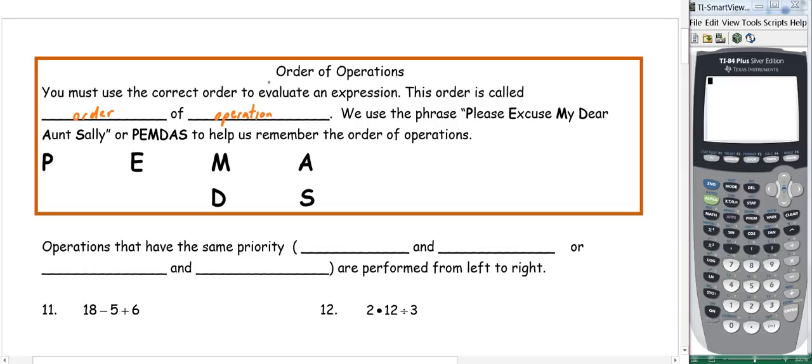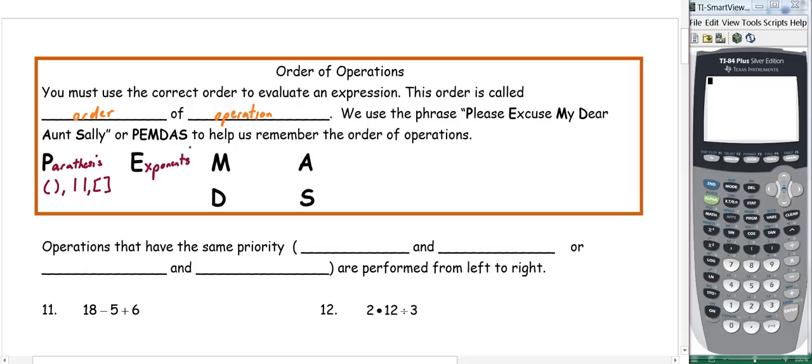A way to help us remember order of operations is the acronym PEMDAS. So P is going to stand for our parentheses. It also stands for if there's absolute value bars in the problem, or brackets. E stands for exponents.